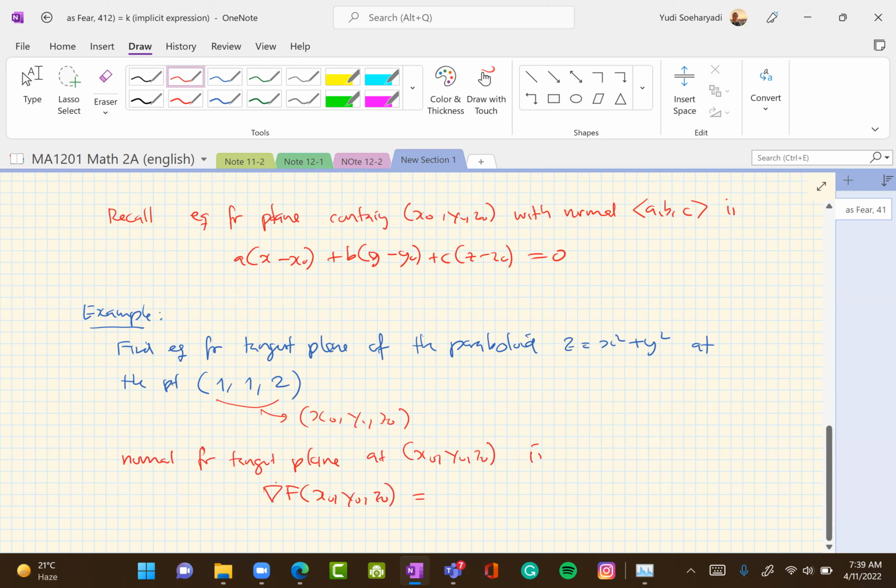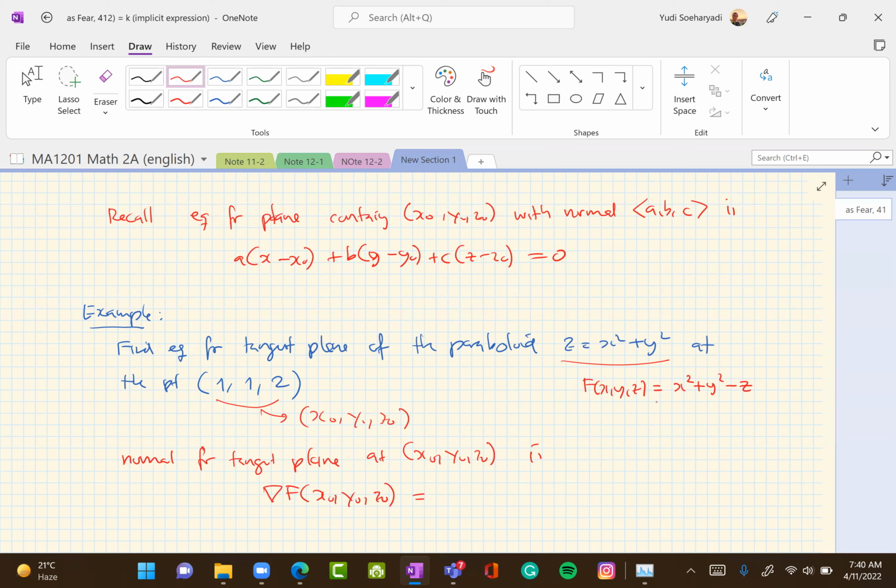What is f? From this equation, let's put the surface implicitly: x squared plus y squared minus z. You could choose z minus x squared minus y squared instead. That's up to you, it doesn't matter, it gives you the same answer.